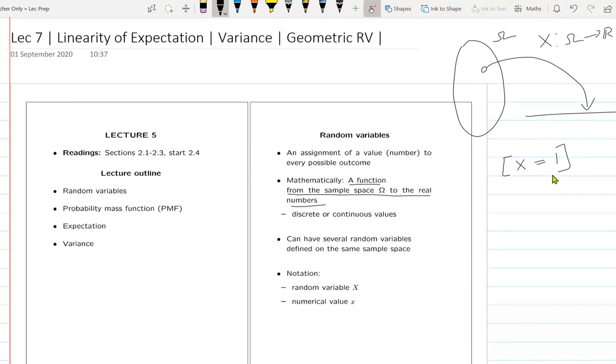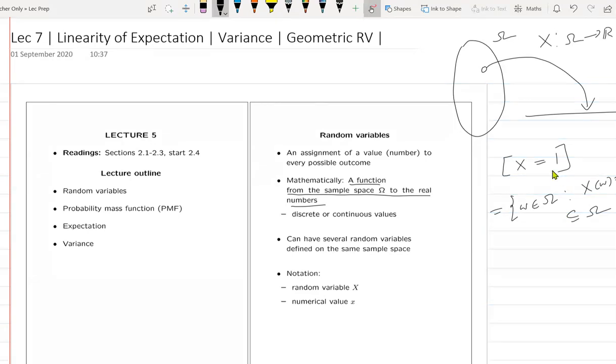This is a subset of the sample space: the set of all w belonging to omega such that X of w equals 1. Everybody agrees? This particular subset is an event and that has a probability. That's what we mean by this notation, which is just notation to define the subset.